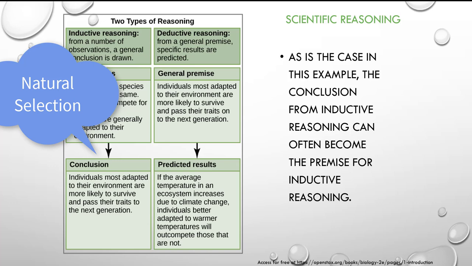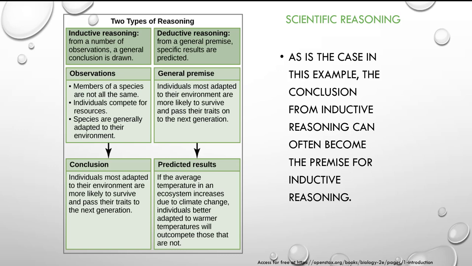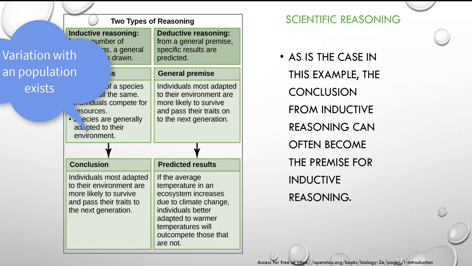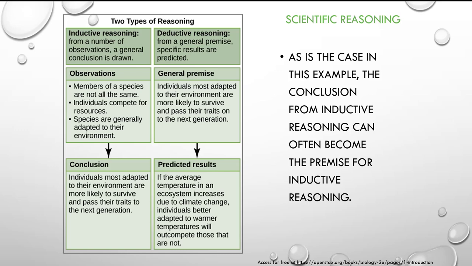Okay, so natural selection is basically this idea that Darwin came up with, where, within a population, there's variation among the members. So, for example, within a population of squirrels living in your backyard, they'd all have some variation.